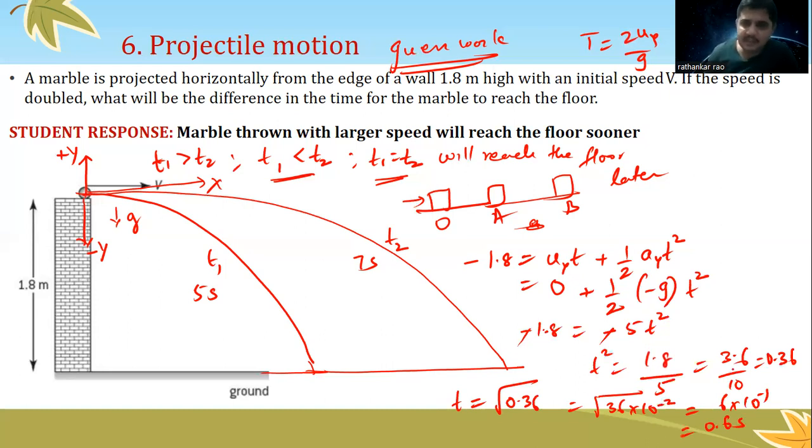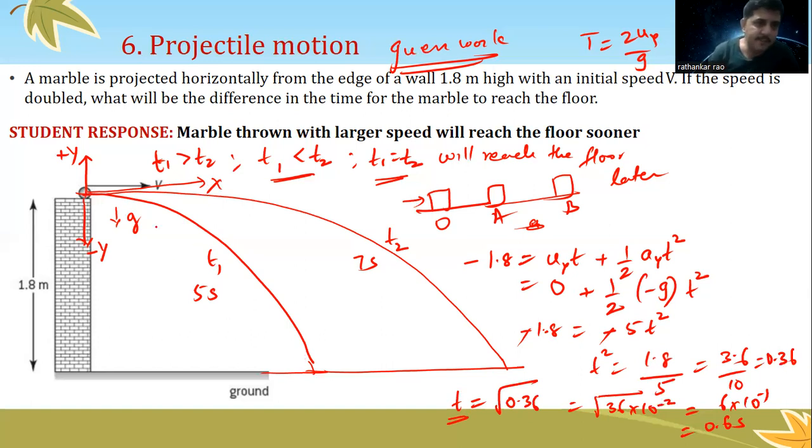Now, while doing all these calculations, did I ever use the value of v? This v is in this direction. I had used uy, but uy is 0. Whether you threw this with a velocity of v, 2v, 3v, or 10v, there is no dependence on v here. As a result, the time taken to fall down is independent of the velocity.